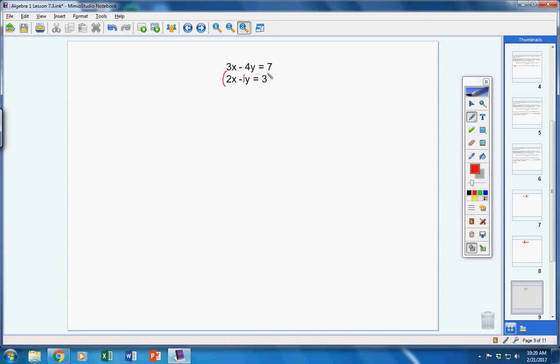Now if I multiply this bottom equation by 4, and by the way, yes, you're allowed to do that, that'll give me 4 times negative 1, which is negative 4. And a negative 4 is not going to cancel. However, if I multiply the bottom equation by a negative 4, that'll give me a positive 4 there. Do you guys see that?